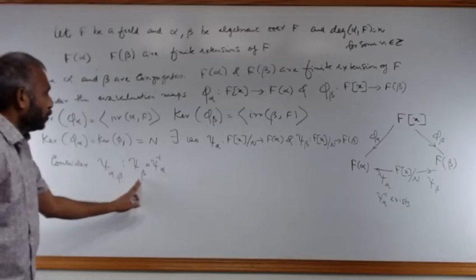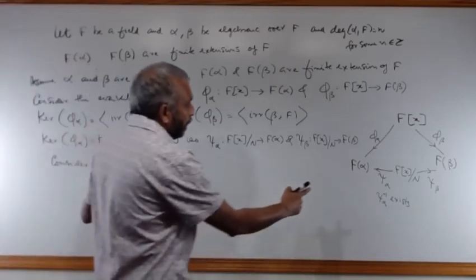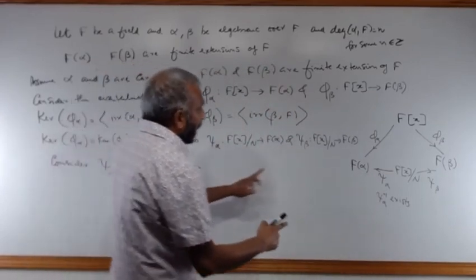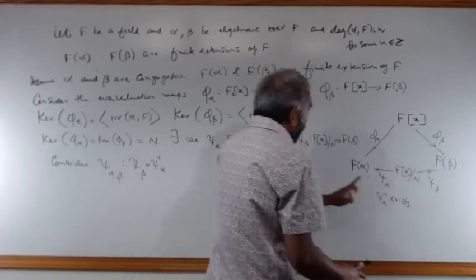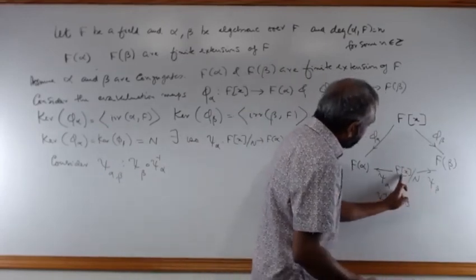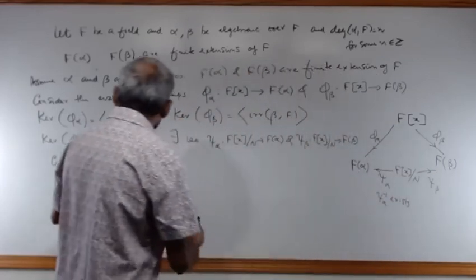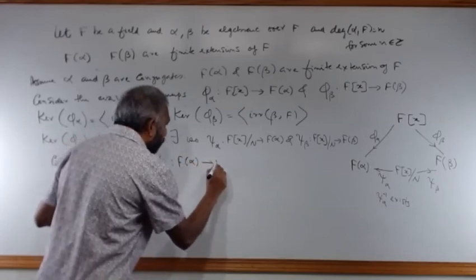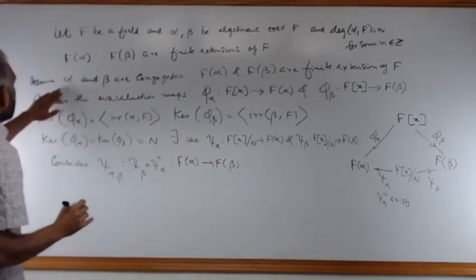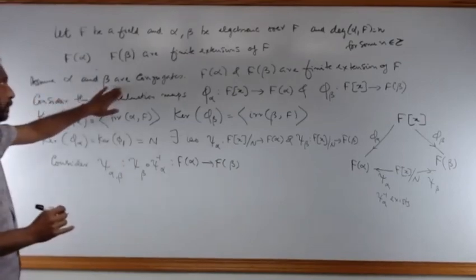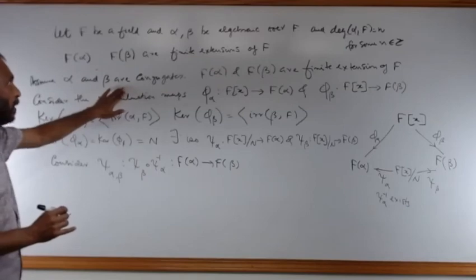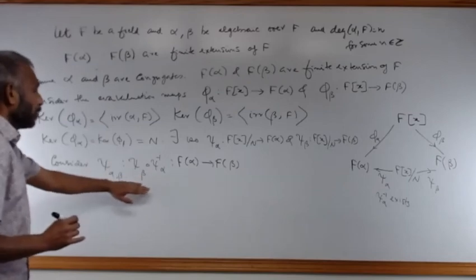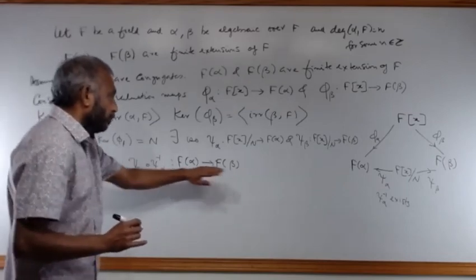This is a composition of two maps: psi alpha inverse starts from f of alpha and ends in f of x over n, and psi of beta takes it from f of x over n to f of beta. So this is an isomorphism from f of alpha to f of beta. So we established an isomorphism if they are conjugates. Now we need to find out the definition of this isomorphism. What is this isomorphism mapping from f of alpha to f of beta?